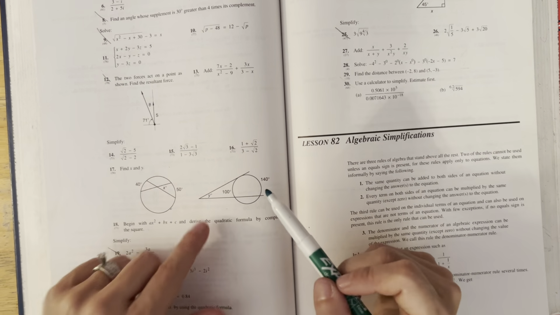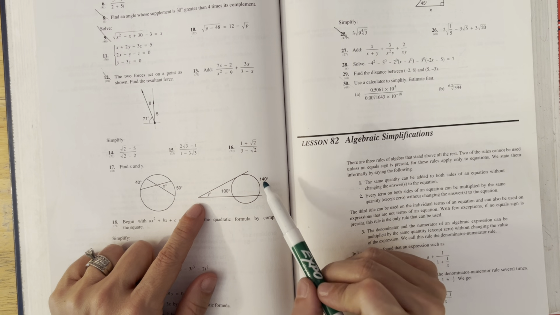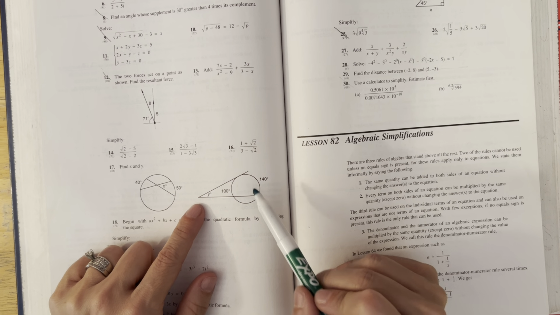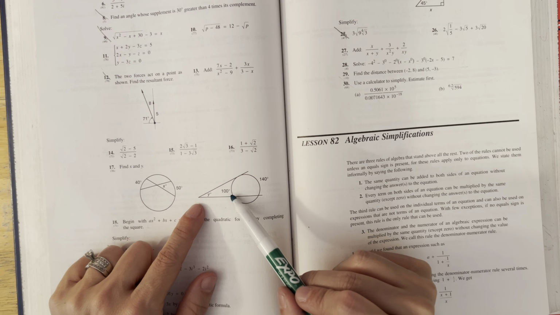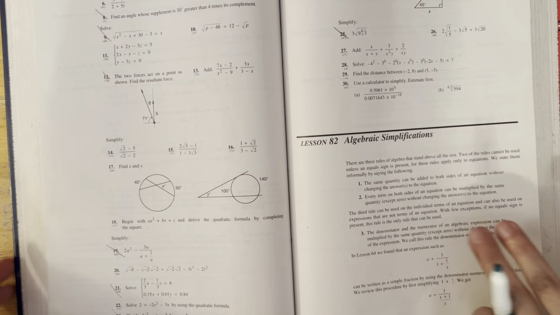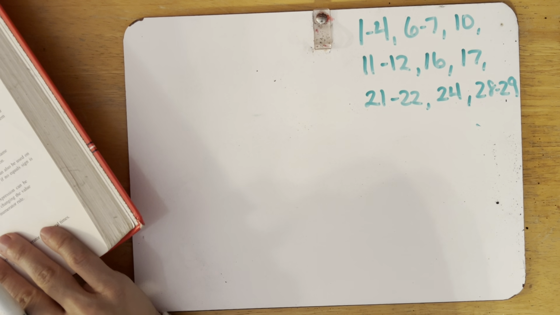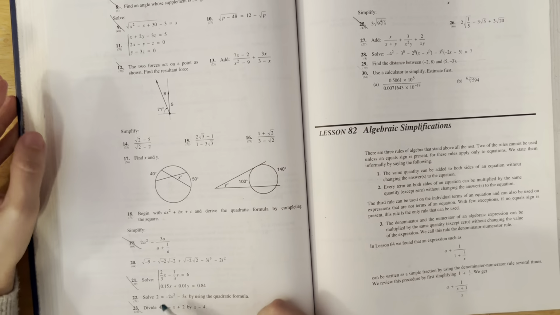And then for y, when it's on the outside, you take the outer arc minus the inner arc and divide that by 2 to get your y.